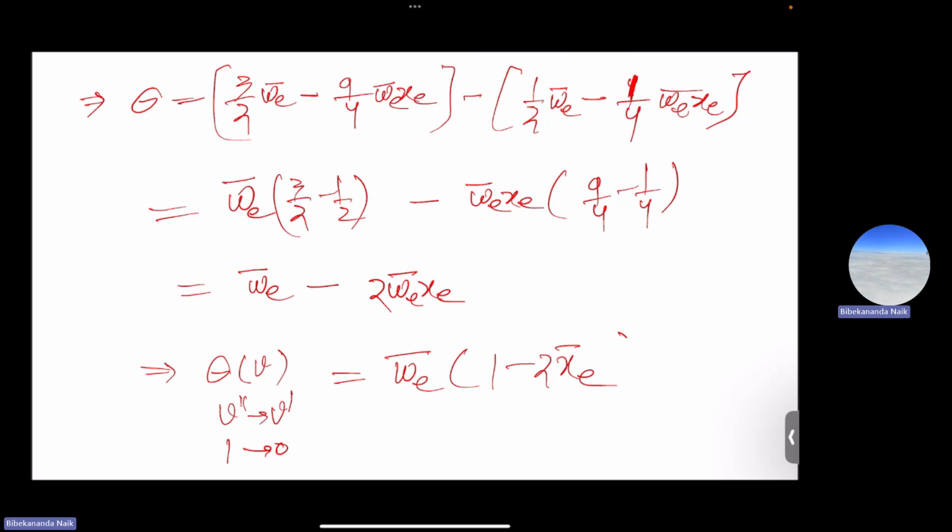Now this transition from 1 to 0 is the fundamental one. Then the transition from 2 to 0 is the first overtone.